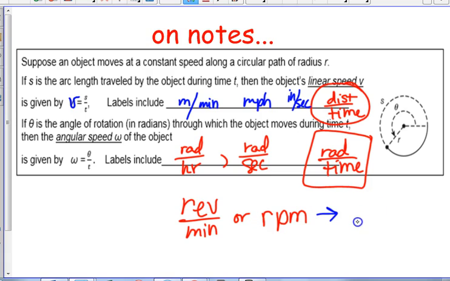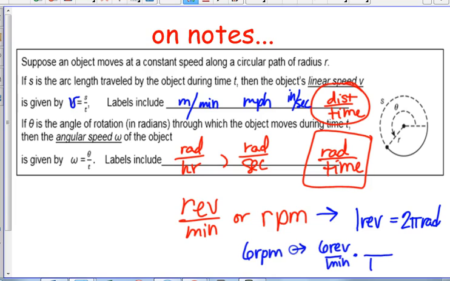Do you know what the conversion is? 1 revolution is 2 pi radians. So if they said 6 RPMs, that would mean 6 revolutions per minute, and you would say 1 revolution is 2 pi radians. So the angular velocity would be 12 pi radians per minute.